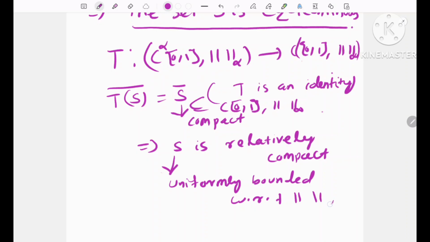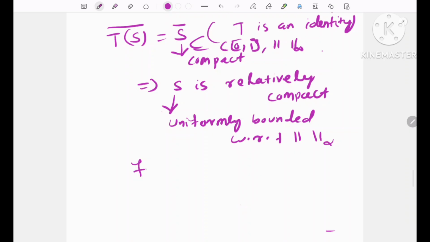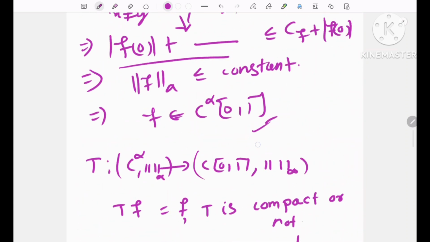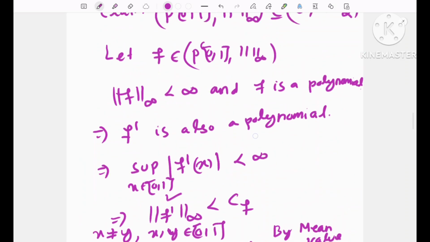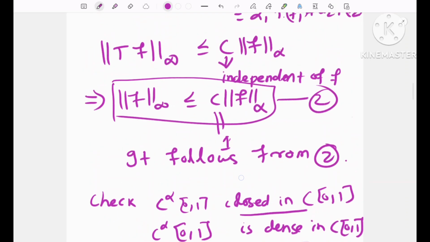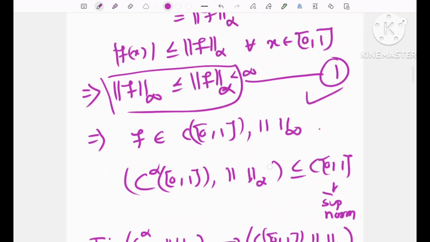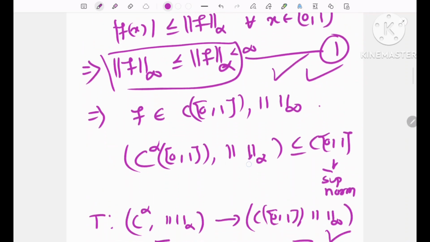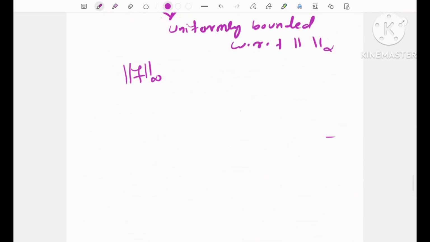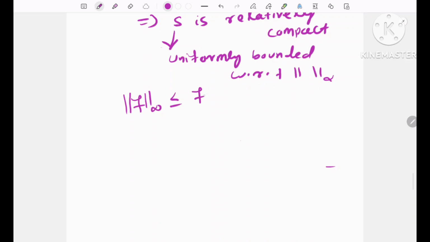But we have shown in the previous results, in equation 1, that the sup norm is dominated by the alpha norm, that is, the sup norm of f is less than or equal to the alpha norm of f.